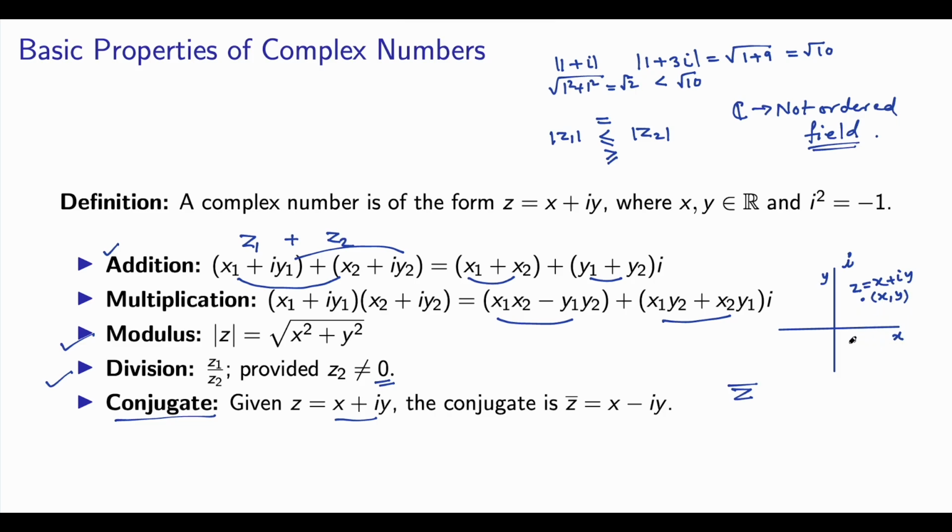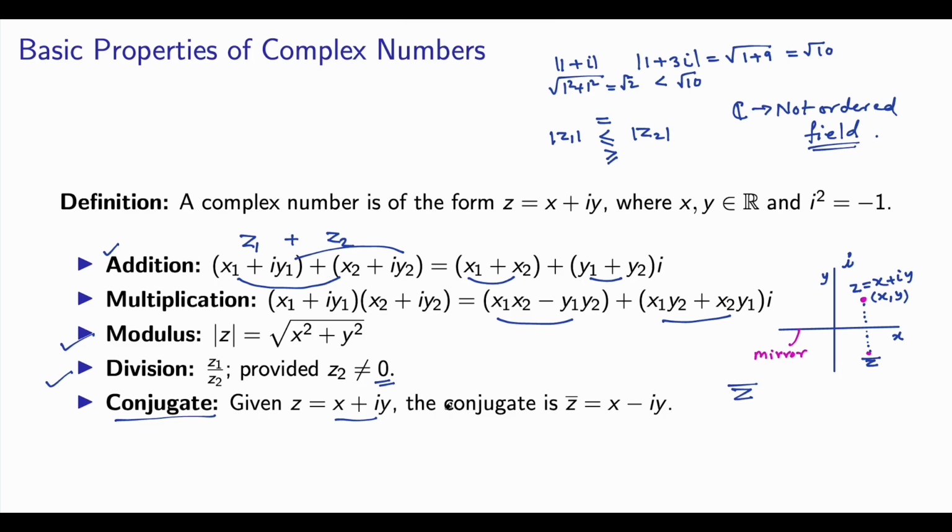If you take z bar, this point is z and this point is z bar. It means that the x-axis plays the role of a mirror, and the conjugate will be the mirror image of your z.